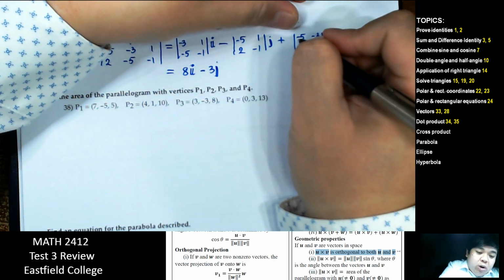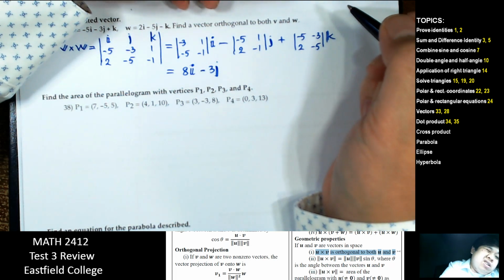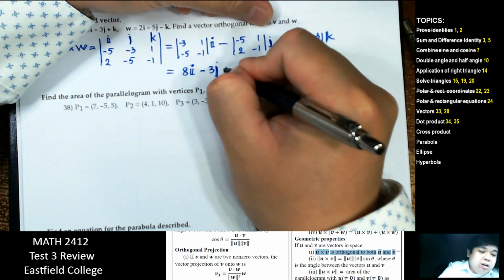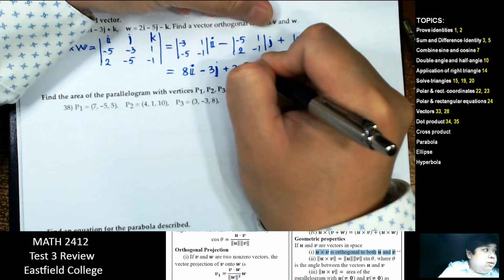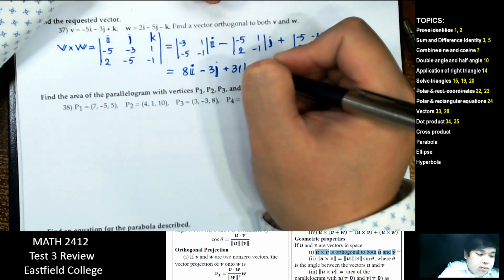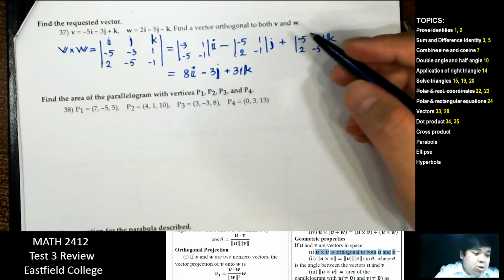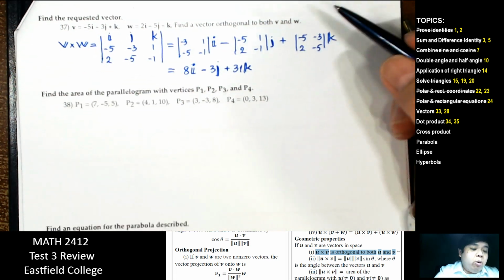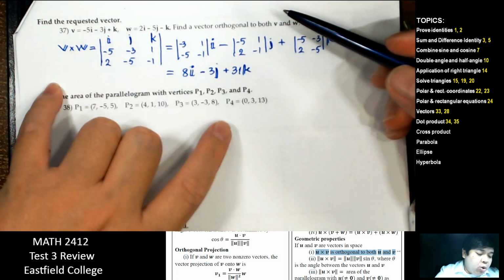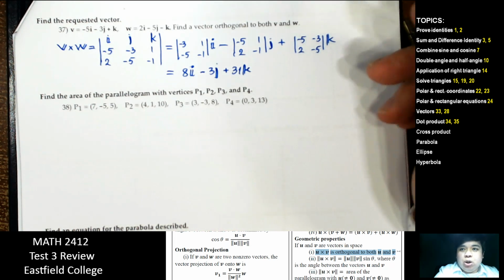And then 25 and 6, 31 k. So pretty much that. The cross product is orthogonal to both. We can also do w cross v or v cross w here. It doesn't matter.